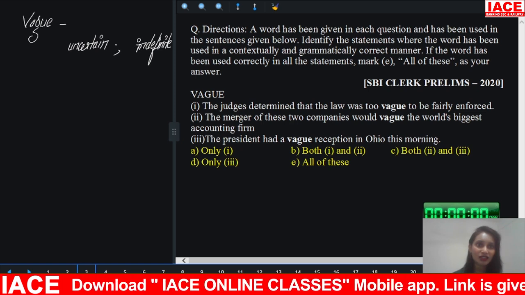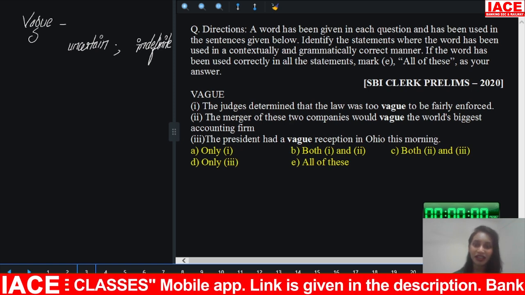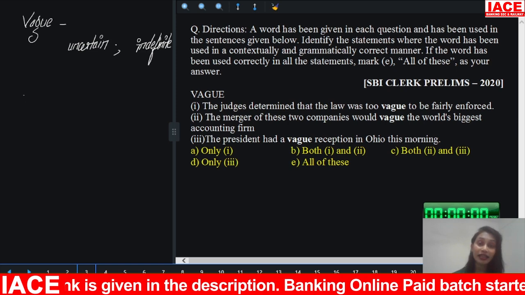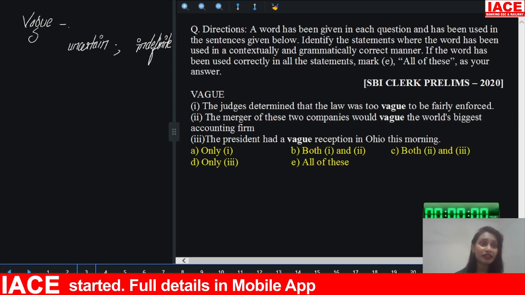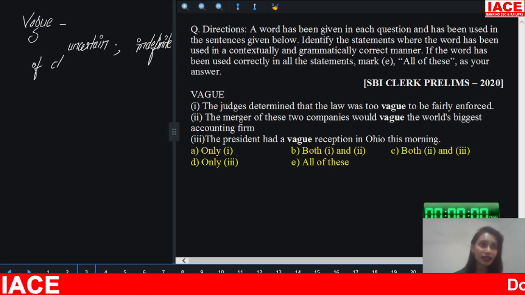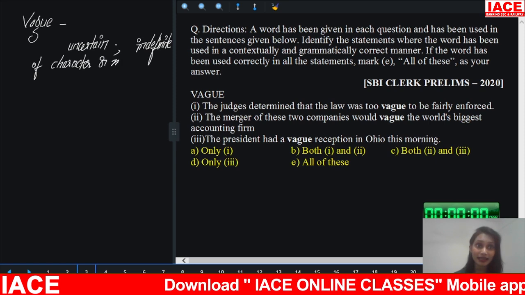So it is not clear, it's not definite. Not only that, another meaning: indefinite or uncertain of what? Uncertain or indefinite, let me make it clear, of character or meaning.